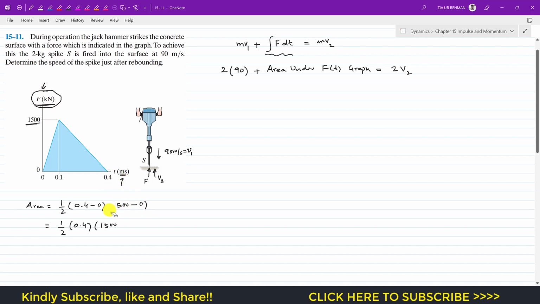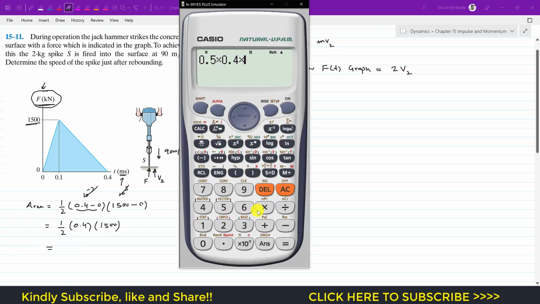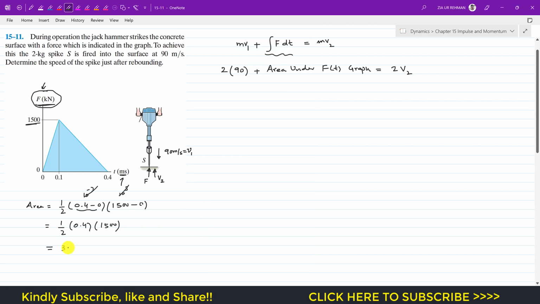The milliseconds give 10 raised to the power minus 3, and the kilonewton gives 10 raised to the power 3, so these will cancel out. So we are left with the same equation: 1 divided by 2 into 0.4 into 1500. This gives us 300, and the units will be 300 newton second. So this is the impulse due to the external force.